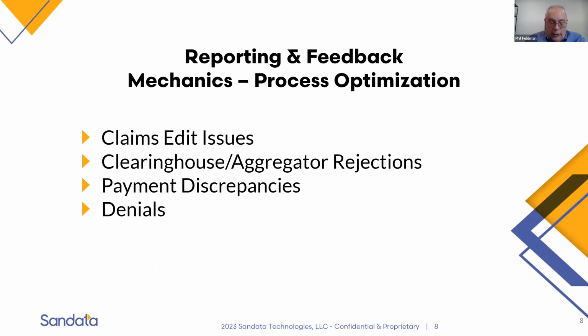And then we work our way to reporting and feedback. So, reporting back on claims edit issues, which we talked about, reporting back on clearinghouse and aggregator rejections, payment discrepancies, denials. This is where the intelligent feedback comes in. So what are the issues that are being encountered by the vendor in response to submitting claims through the process?